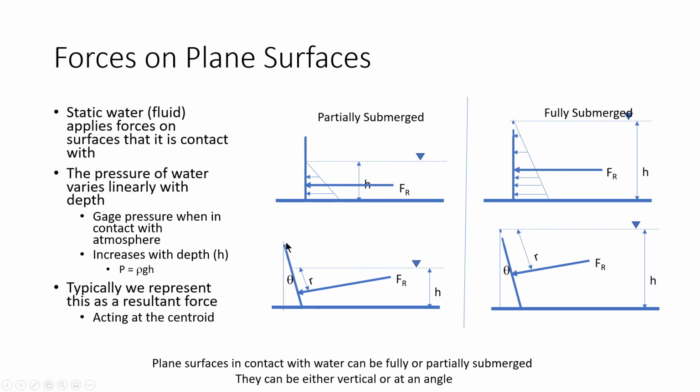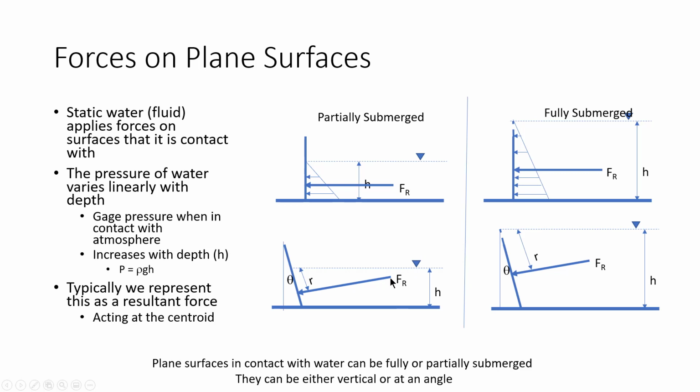The planar surface could be at an angle, so we still have the water column sitting here, and this plane is inclined at an angle theta, and then of course this force, if you want to look at the horizontal and the vertical plane, will get resolved into two forces. There is a vertical force as well as a horizontal force acting at right angles to each other.